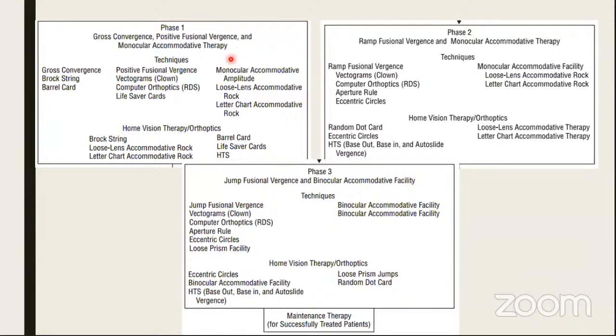The next question I can see is: why does our visual system keep changing? Is it possible to go from convergence insufficiency to convergence excess? Yes, actually, these are all adaptations to visual stress.